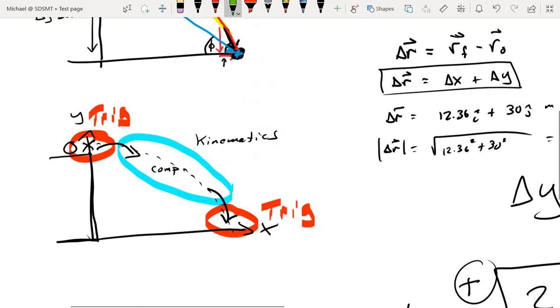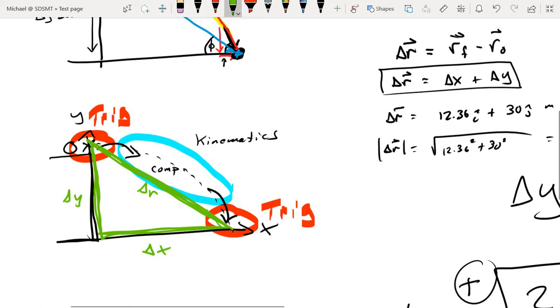So if we were to try and use the trigonometry for the entire trip, well, that's where we would get a right triangle of components delta x and delta y. Oops, sorry, wrong axes. Delta x, delta y, delta r.